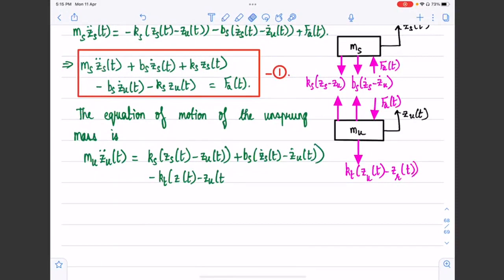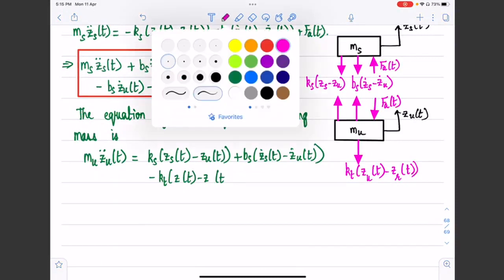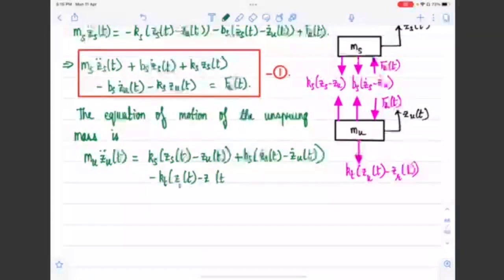Please correct that diagram. So this is going to be equal to Kt times (Zu(t) minus Zr(t)). That's what we have in this equation as coming from the tire. Of course, then we have minus Fa. This is one other term which comes in.